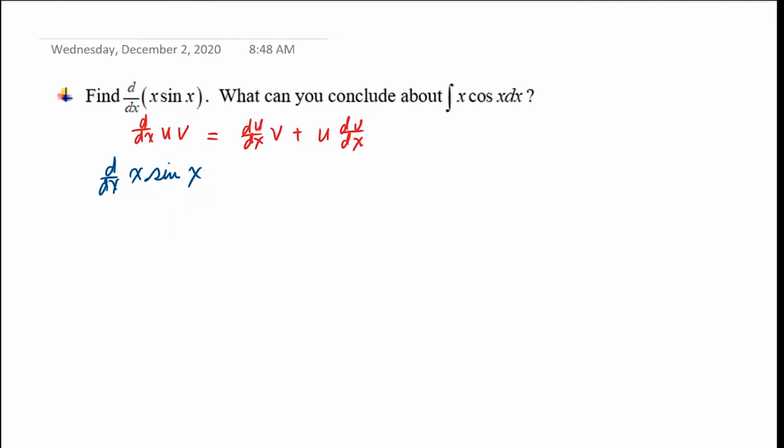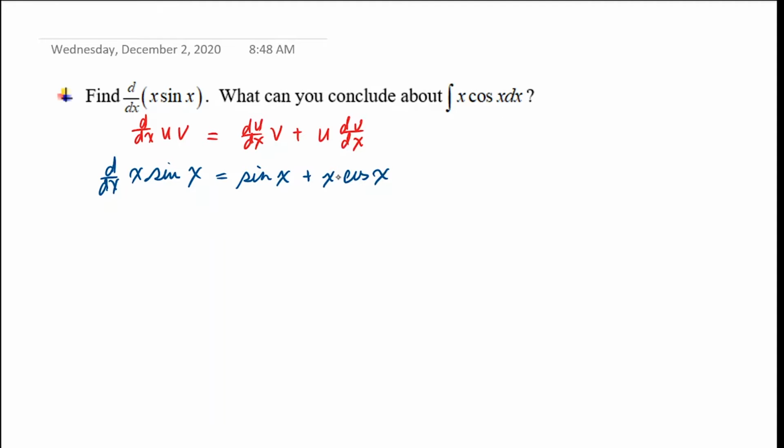So we'll just follow that product rule: u prime is 1 and v is sine x, so we have sine x, plus u, which is 1, and v prime, which is cosine of x. So far so good.